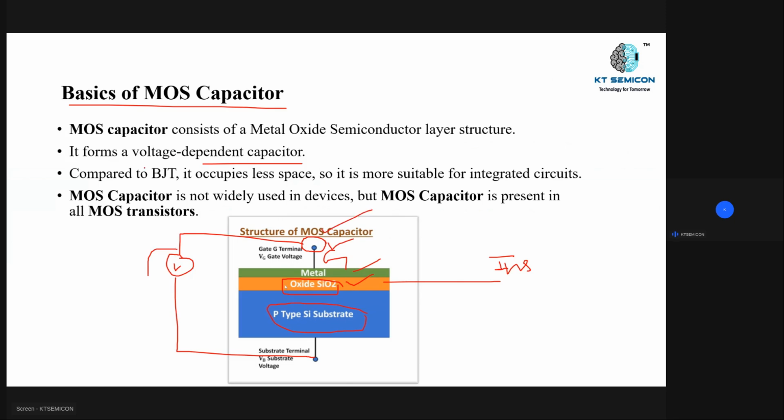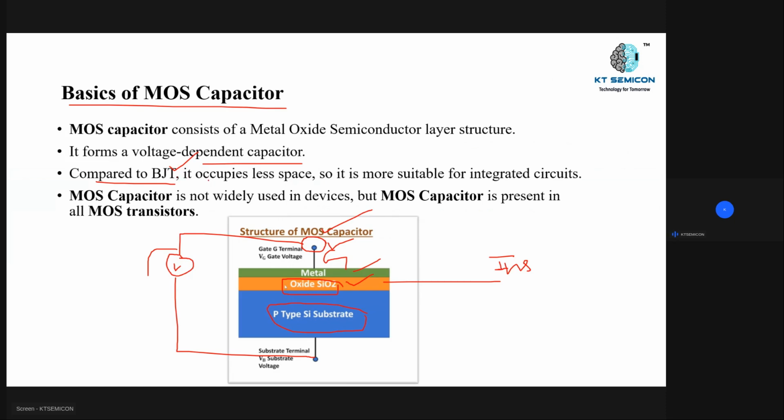Compared to BJTs, before MOSFETs and MOS capacitors we had BJTs, bipolar junction transistors. The drawback of BJTs is that they consume more power, because BJTs work entirely on current. It is a current controlled device, that's why it consumes more power.